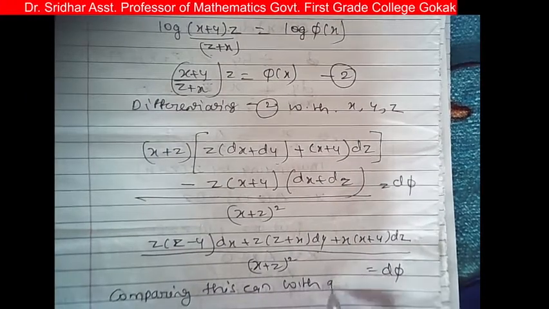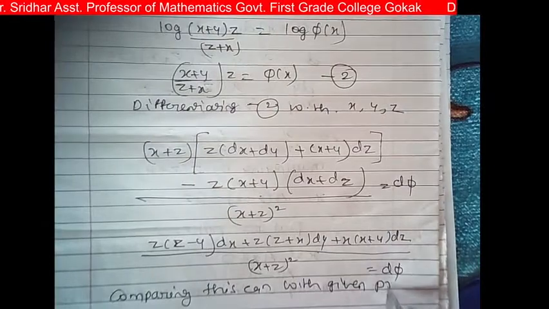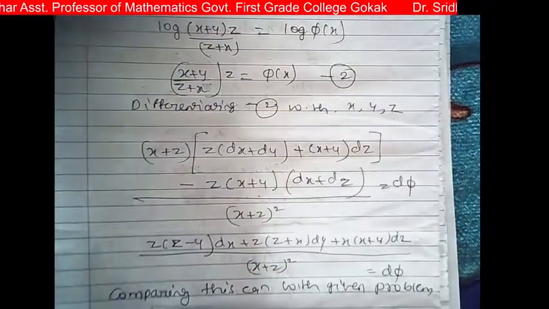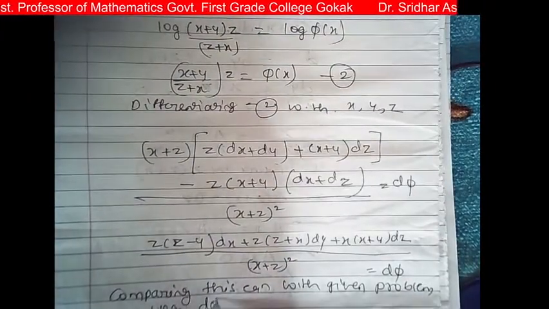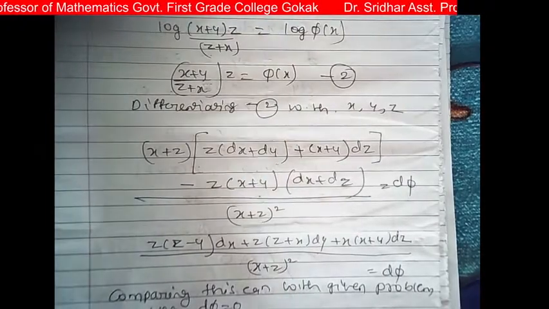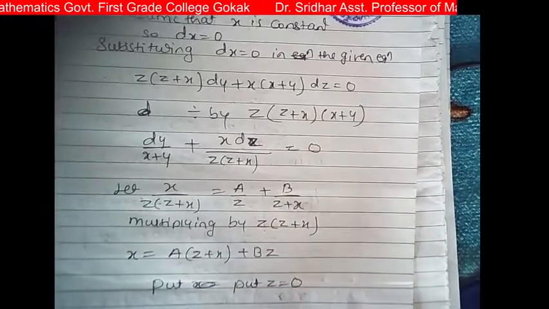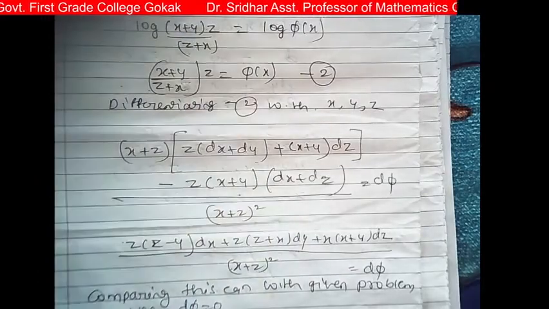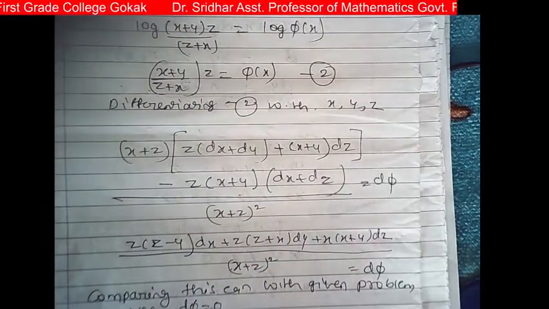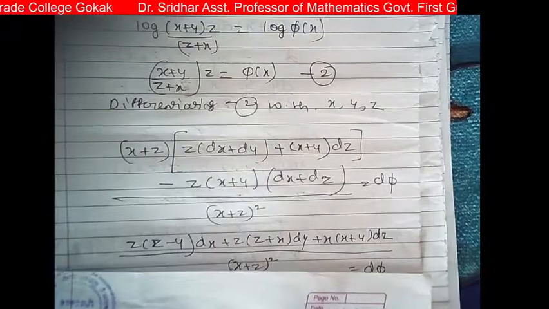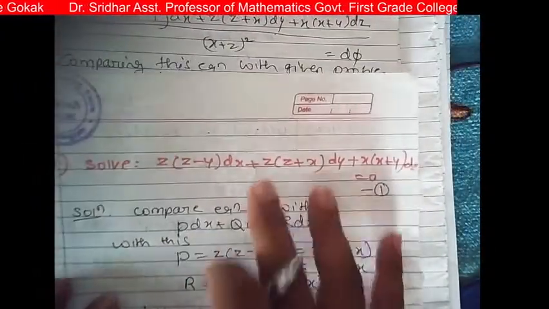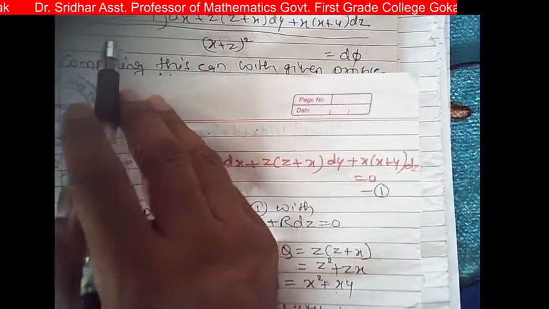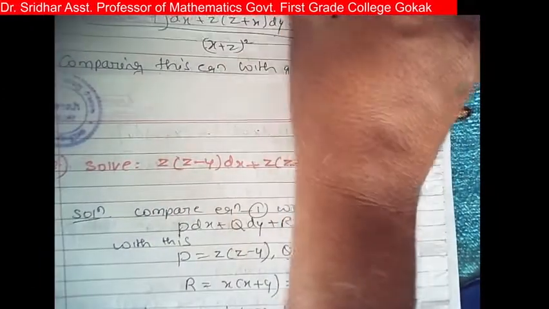with the given problem, we get d phi is equal to 0. We get d phi is equal to 0. Now see here, this is our equation, just now we obtained this equation.